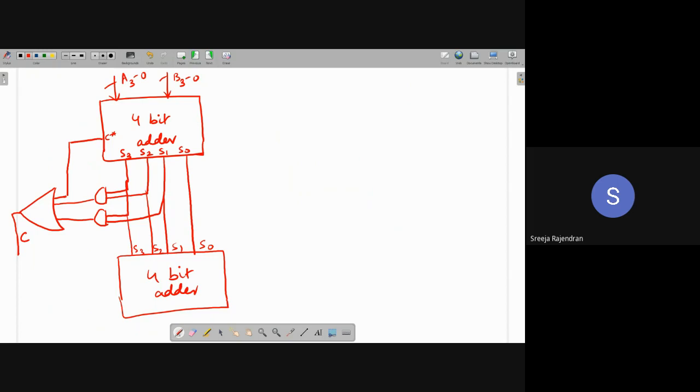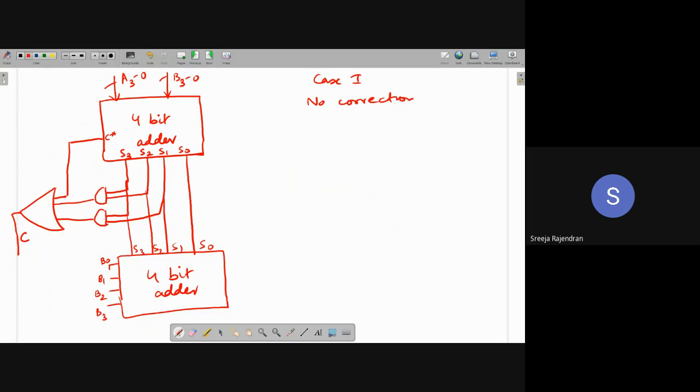What do I add it with? I have to add it with 6. So I'm giving my next set of adding bits over here. This is B0, then B1, B2, and B3. Now one case is case 1, no correction.